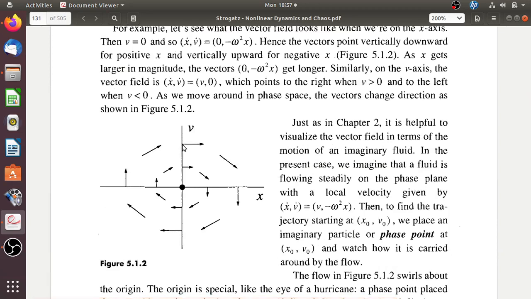Now, what is our interest is, say I am at some particular point, and then how my system is going to evolve, or how my state is going to change.